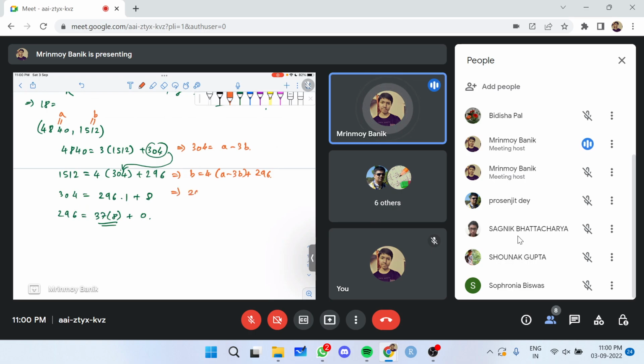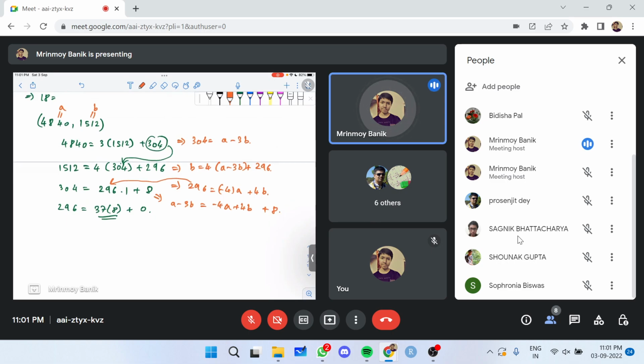So that gives 296 as minus 4 times A plus 4B, right? And then substitute it in here. So that gives 304, which we already know is A minus 3B, 296 is minus 4A plus 4B, plus 8.